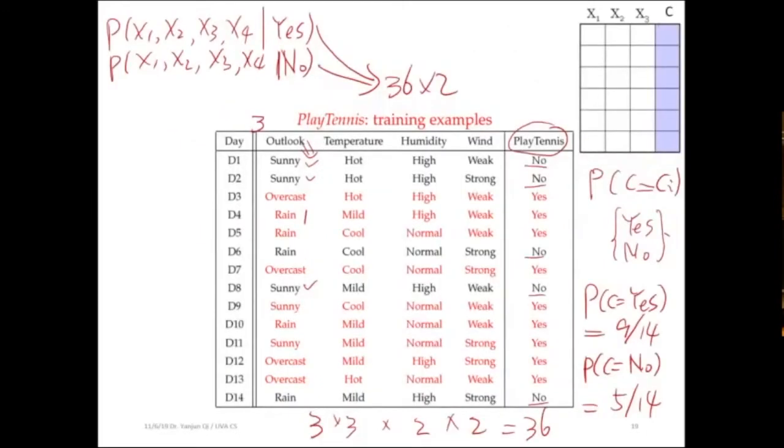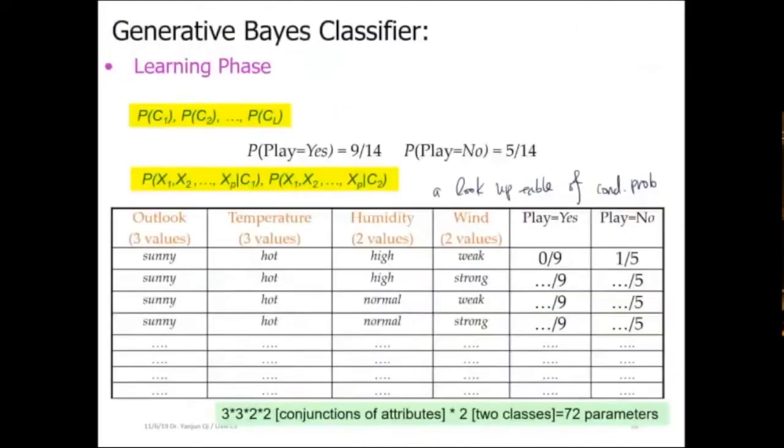There's a total of 3 times 3 times 2 times 2, then times 2 parameters to estimate, plus 2 more, which are P(C equals yes) and P(C equals no). It all sounds pretty complicated, but in fact, this is your model. The model essentially is a lookup table. And the lookup table is, the first case is P(C), P(C1), and P(C2).